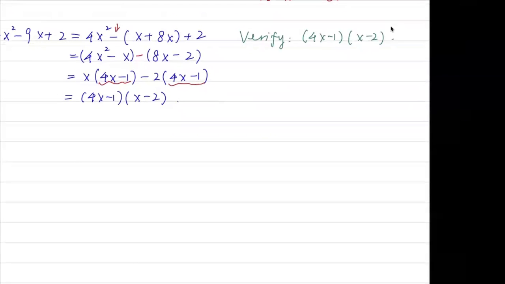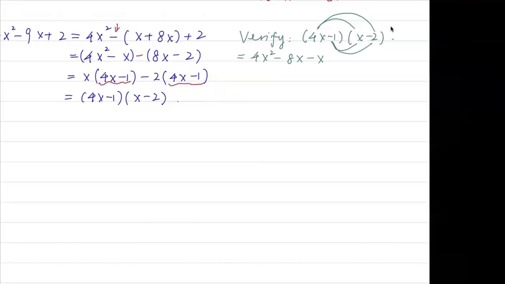Again, this is the distributive rule. 4x times x is equal to 4x squared. 4x times minus 2, that's minus 8x. Minus 1 times positive x, that's minus x.